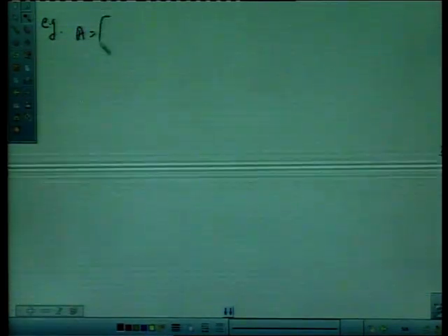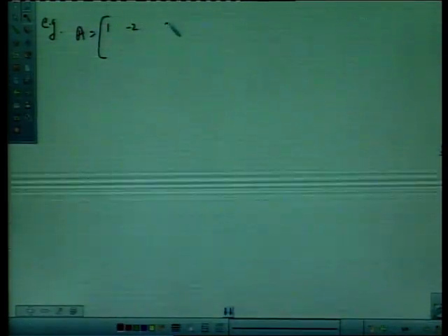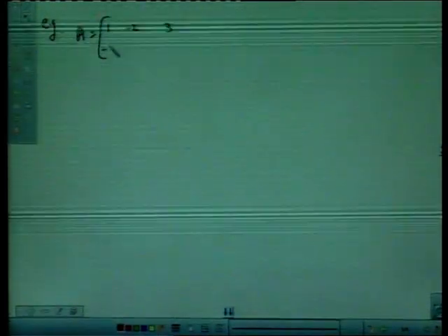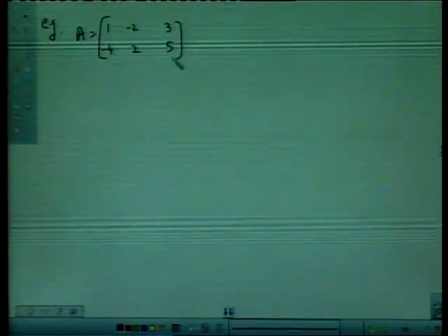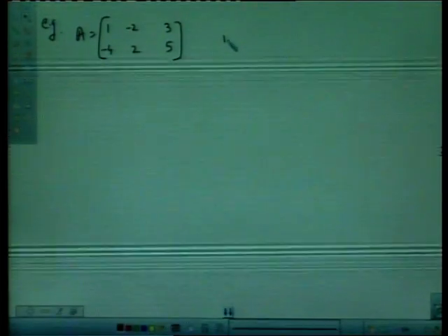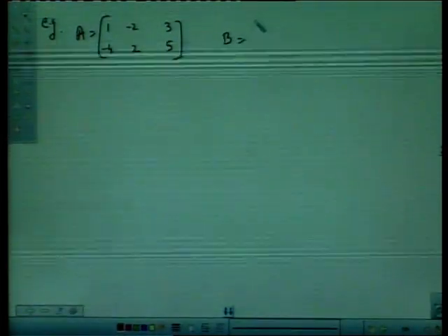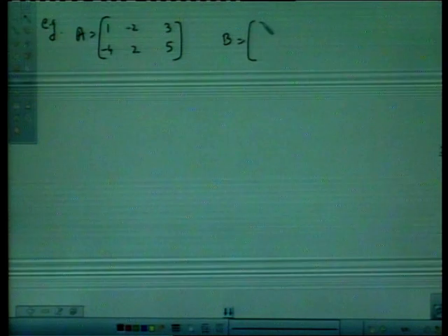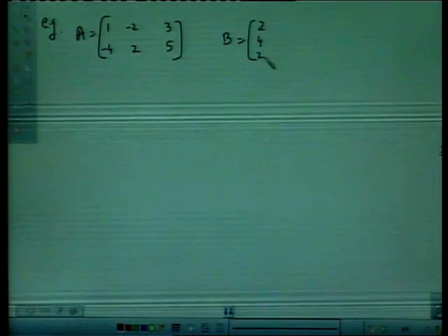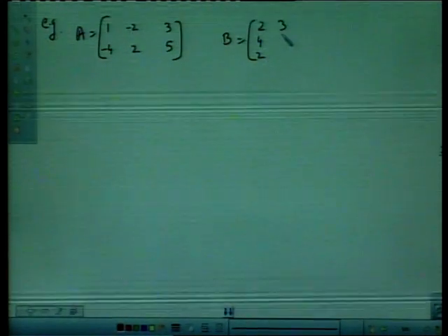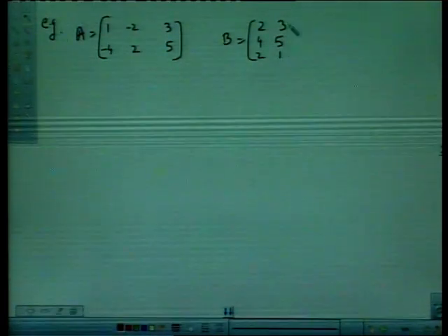Now some examples based on multiplication. A equal to 1, -2, 3, -4, 2, 5, B equal to 2 4 2 3 5 1.